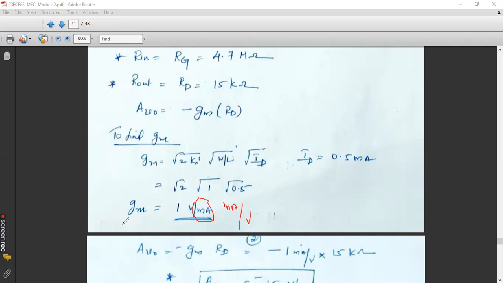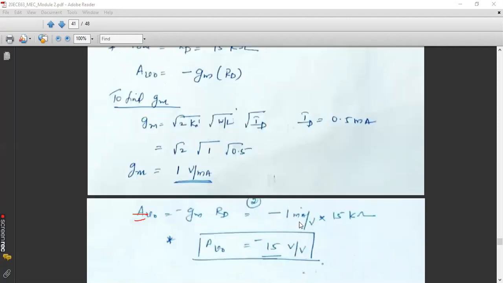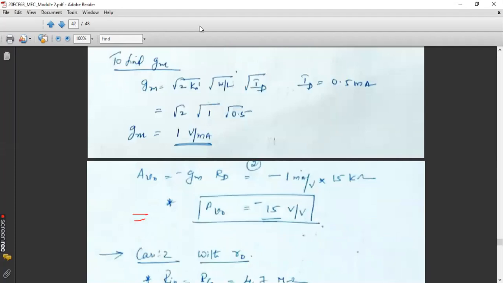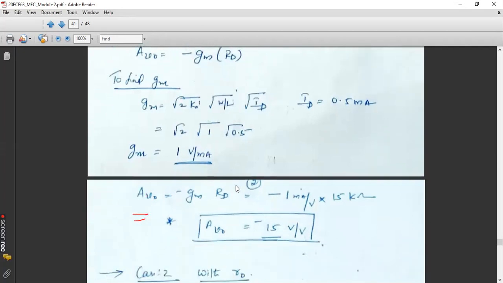I by V, right? It is conductance. Conductance means I by V, milliampere per volt. So here I have mentioned clearly it is milliampere. So this milliampere and kilo ohm will get cancelled. Is that clear? AV naught is clear for you, right?